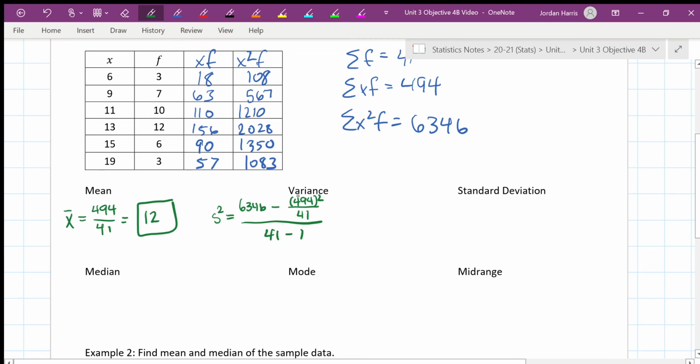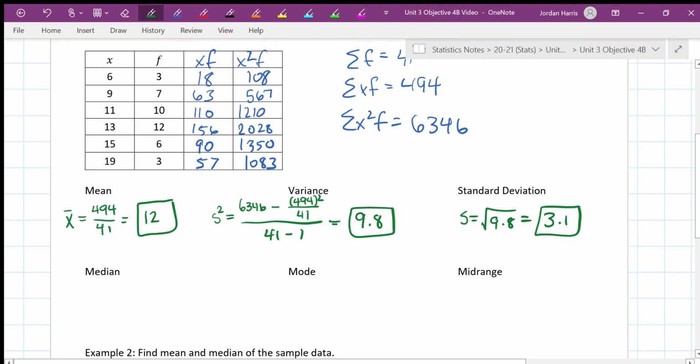Use a calculator, add up and divide and subtract the top. You should get a number, and then whatever you get, divide by 40, and you should get, rounding to the nearest tenth, 9.8. Then we get the sample standard deviation, which is s, the square root of variance, which is 3.1.